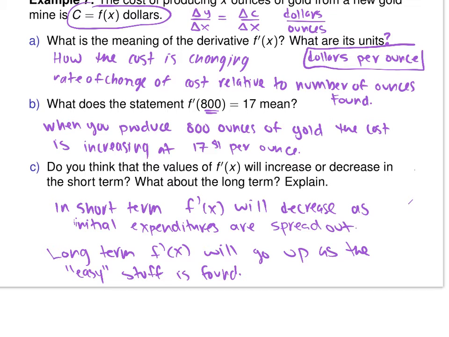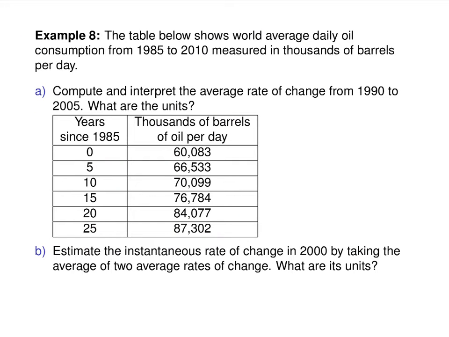Okay. Now, it could be the case that instead of being given a function, you're given a table. So this shows the world average daily oil consumption, measured in thousands of barrels per day. Okay. So compute and interpret the average rate of change from 1990 to 2005.